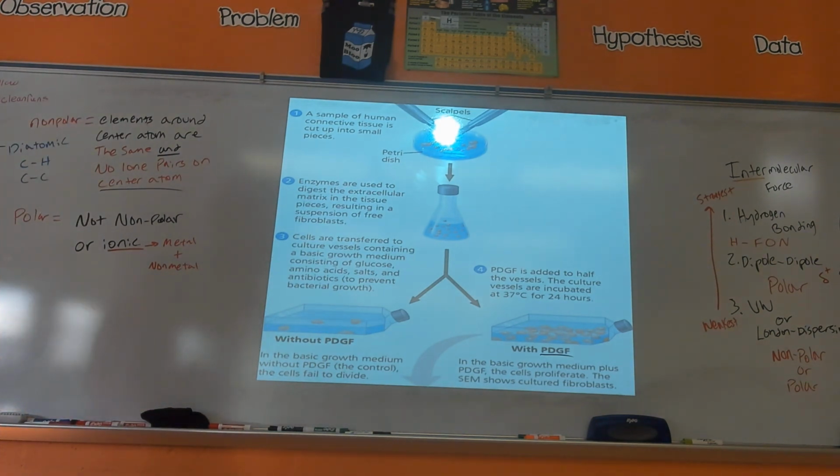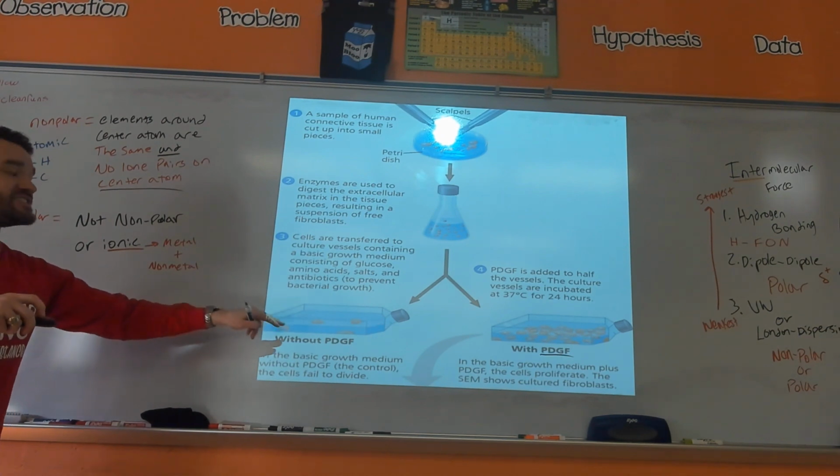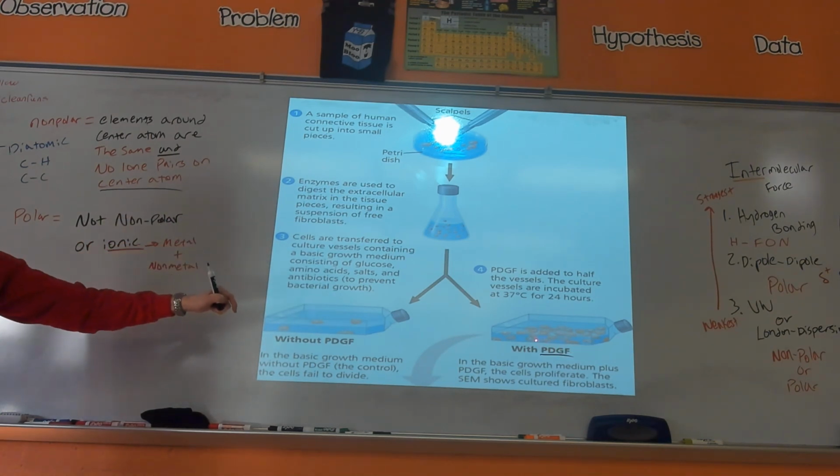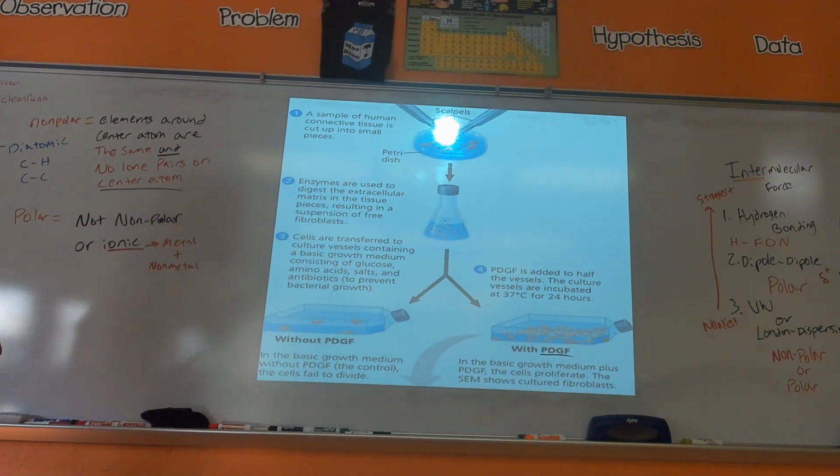What they saw was if you took a cell and tried to grow that cell in culture, which is basically a substance that has nutrients that can feed cells to allow them to grow, if you grow them on culture that doesn't have PDGF, you don't really get much cell growth. But if you grow them on culture that does have PDGF, the cells grow. Kind of a simple idea, but that's what they were trying to test there.